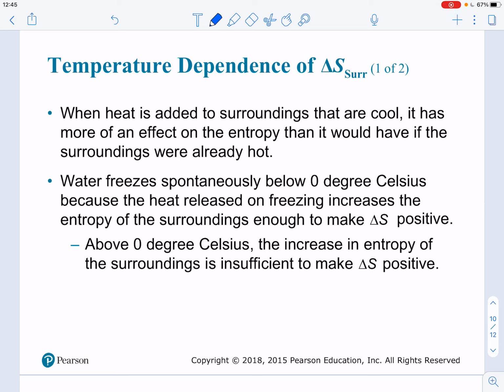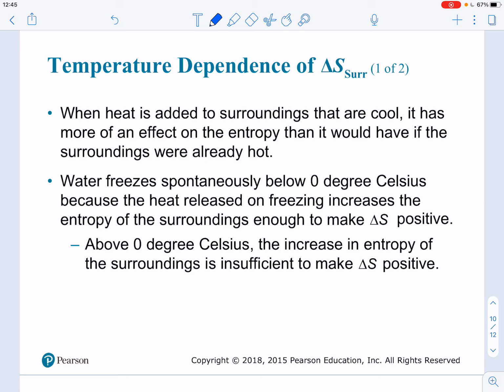Technically the water is freezing at 0 or below because the heat that is being released from the water is being used to heat the surroundings, and that contributes to increasing the entropy of the surroundings, and that's what makes the process spontaneous at that particular temperature.